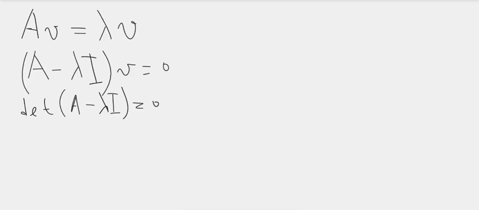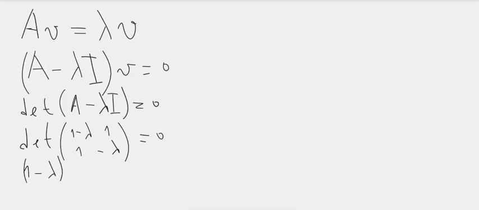So the matrix A minus lambda I is 1 minus lambda, 1, 1, minus lambda, and this determinant is equal to 1 minus lambda multiplied by minus lambda.